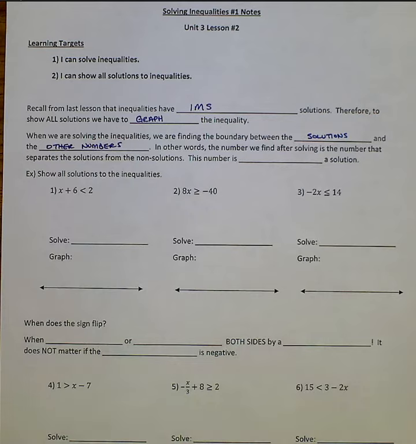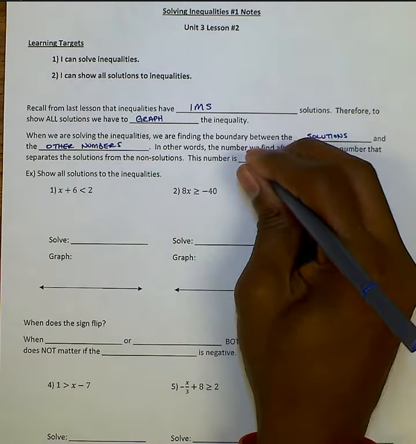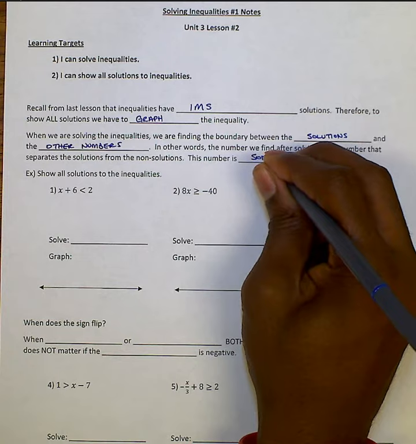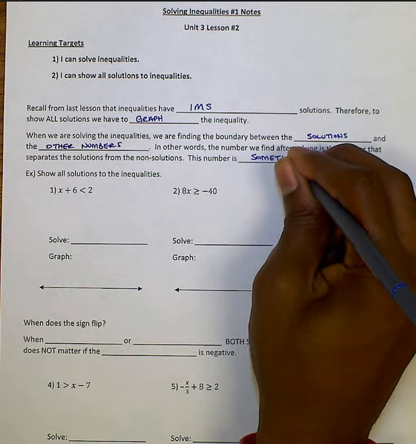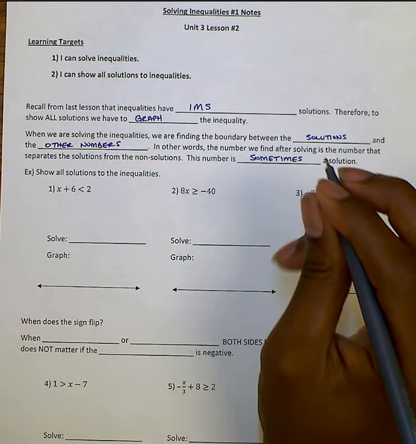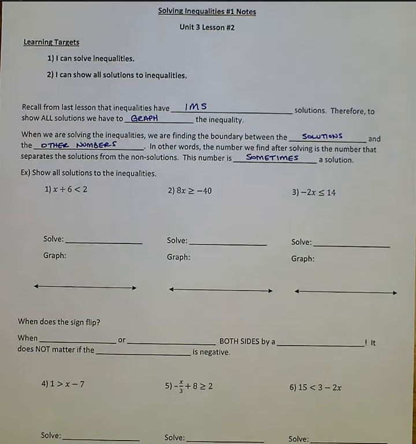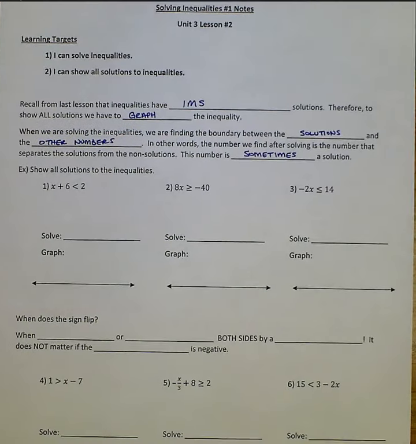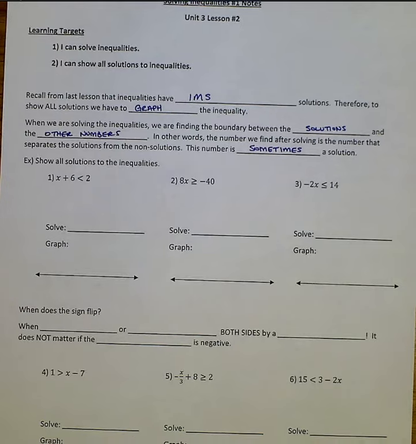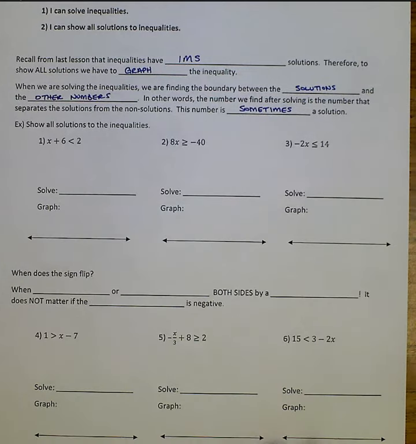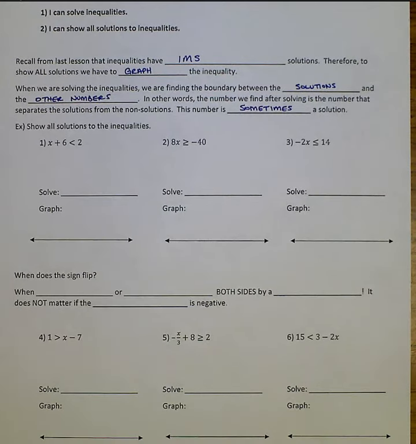This number is sometimes a solution. Only sometimes, because remember we have different inequalities, and some of them include that number, like with "or equal to," but some of them say it has to be greater than, so it makes it not a solution. Okay, and we'll see that as we go through here.